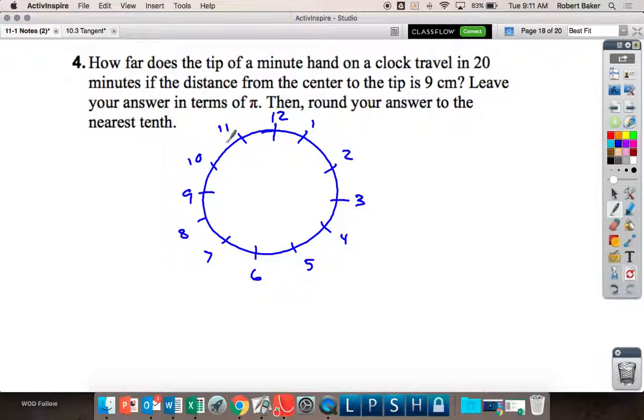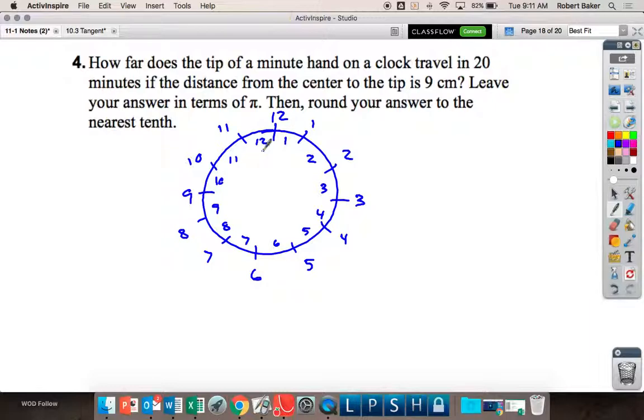If you get confused, you can always just look at the clock on the back wall. So, how many chunks do we have? How many chunks are on that clock? There's 12 chunks on the clock. And they're all equal, otherwise time would not make sense.